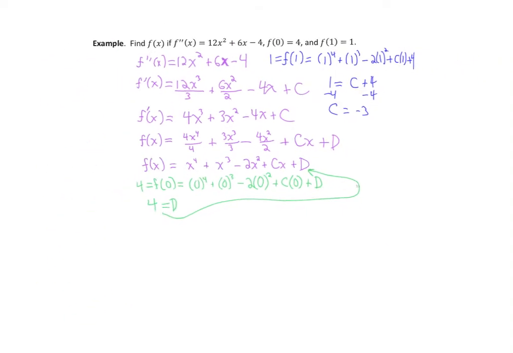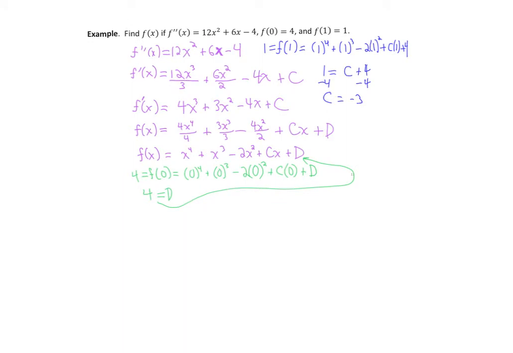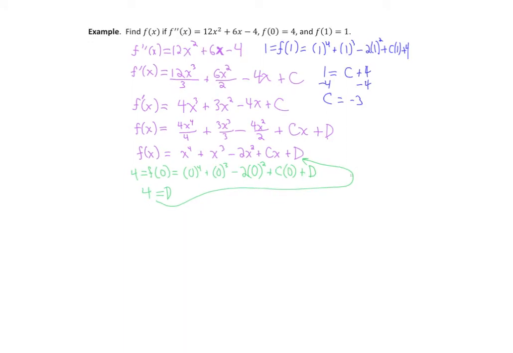Putting it all together, the final answer is going to be f of x is equal to x to the 4th plus x cubed minus 2x squared plus, oh wait, c is minus 3, minus 3x plus 4.